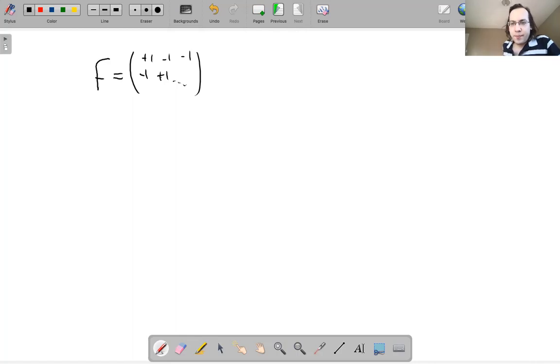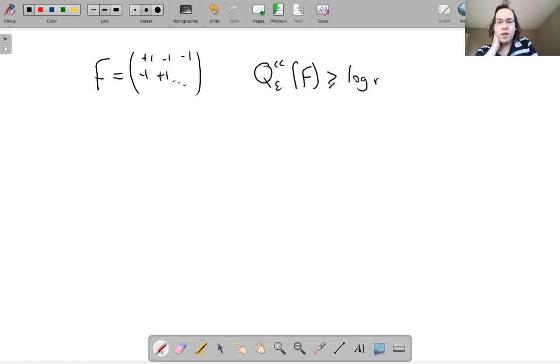Well, one thing we should say in its favor, though, is that it does lower bound quantum communication complexity, but only without shared entanglement. So the following is true: the log of approximate rank lower bounds quantum communication complexity without shared entanglement.